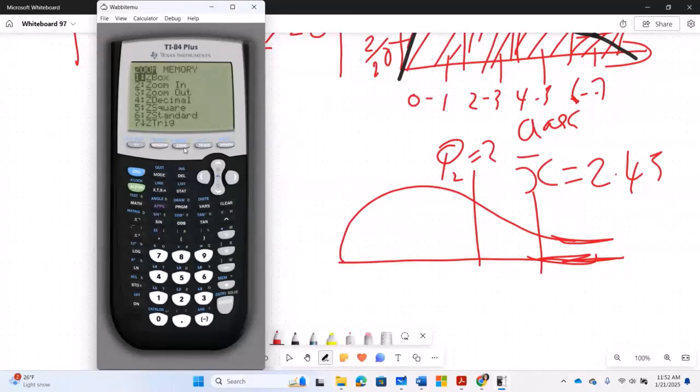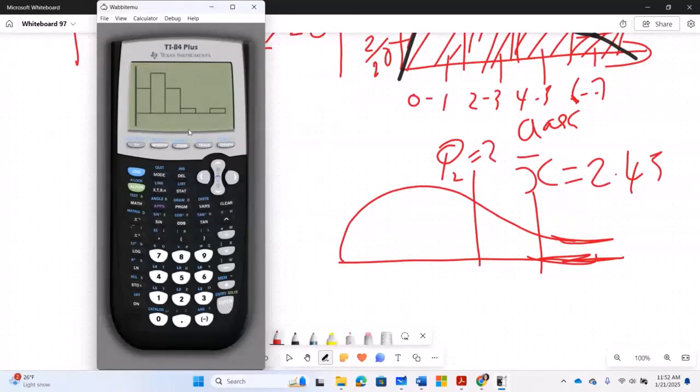By the way, what does Zoom 9 mean? Zoom 9 means zoom statistics. In other words, you're telling your calculator to draw the statistical graph. Okay, so I'm going to Zoom 9, and it drew the histogram for me.